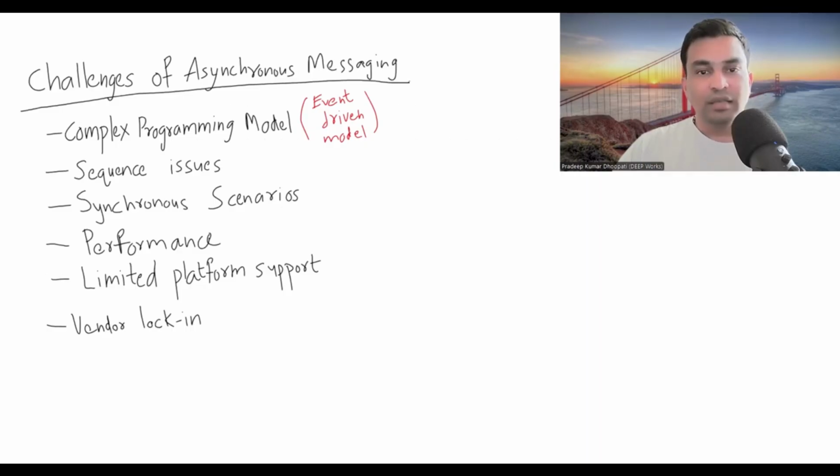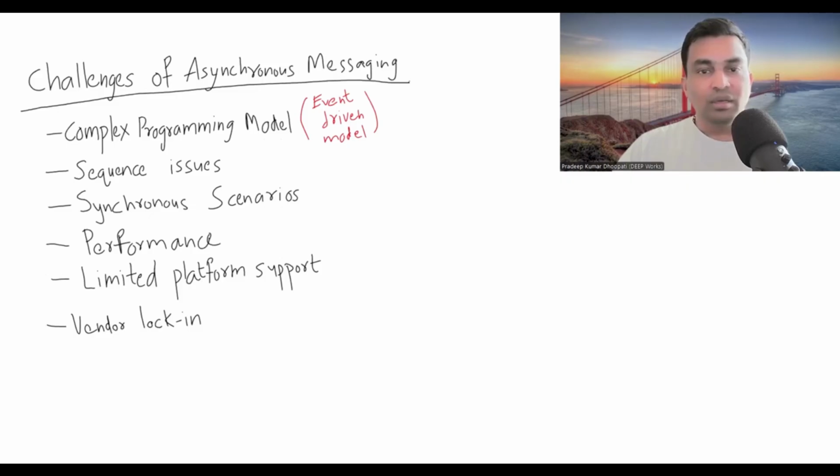Whereas in the modern event-driven model, the application logic is spread across different event handlers, which are triggered by incoming events, messages, or triggers. The application logic cannot be coded in a single main method. It's spread across different event handlers, and these event handlers respond to the incoming messages. This makes the coding a lot more complex than the procedural programming model.